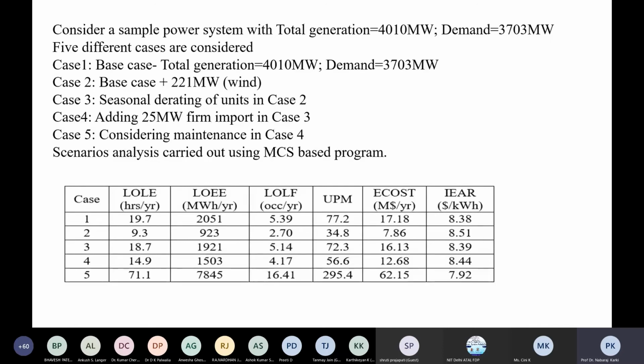When the system's reliability is very high, the IEAR value is also high. When the system's reliability is poor, the IEAR value is slightly lower. For a system analysis, once this IEAR value is computed, it will be considered constant and the same value used for calculating the E-cost value.